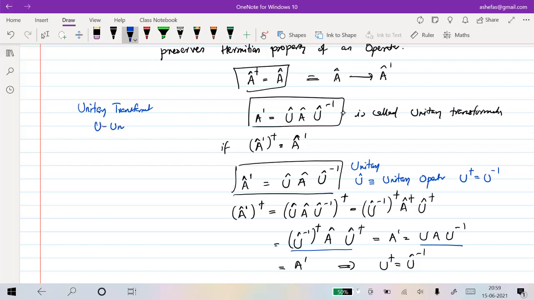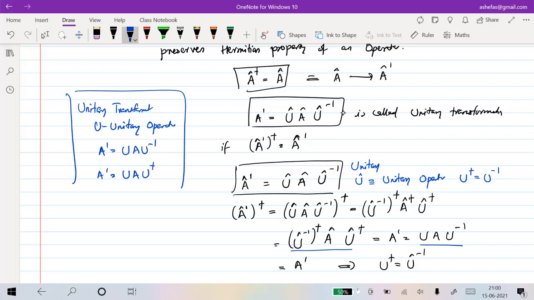And therefore A prime we can write as either U A U inverse or U A U dagger. Most textbooks use the notation A prime equals U A U dagger. Whether you write U A U dagger or U A U inverse, they are the same because U is a unitary operator.